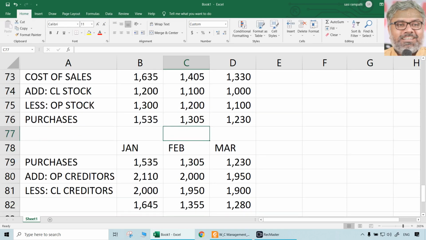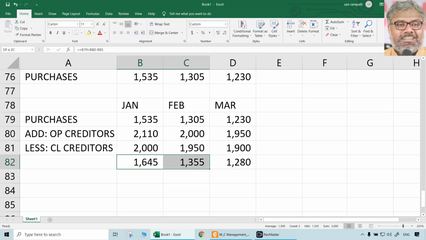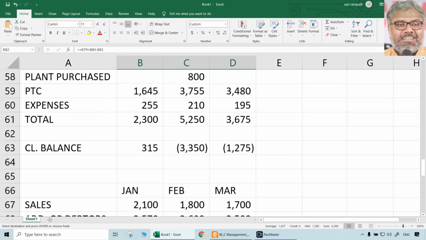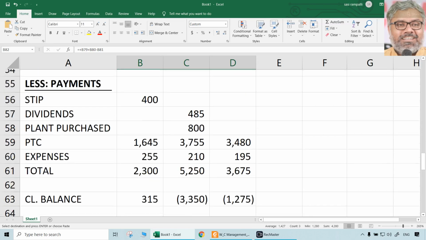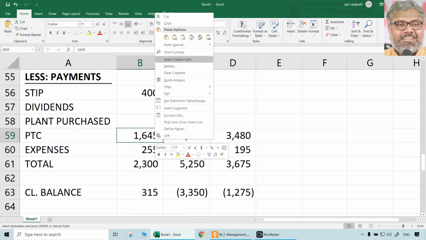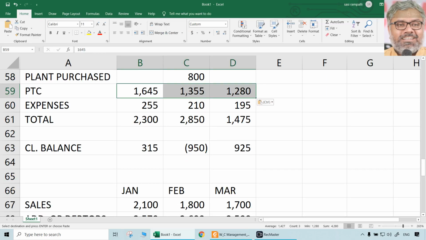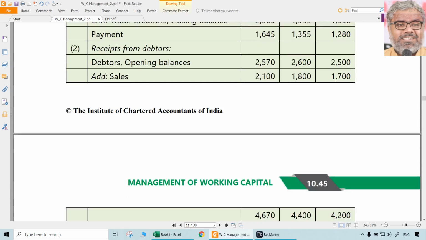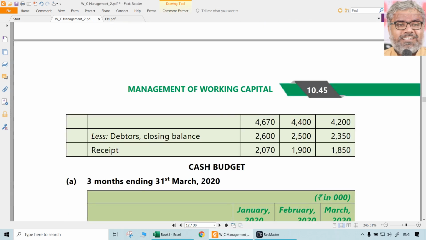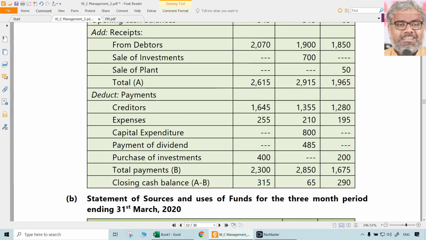So 1305, 1230. So now naturally payment to creditors will be a different item. So that is the cash budget.